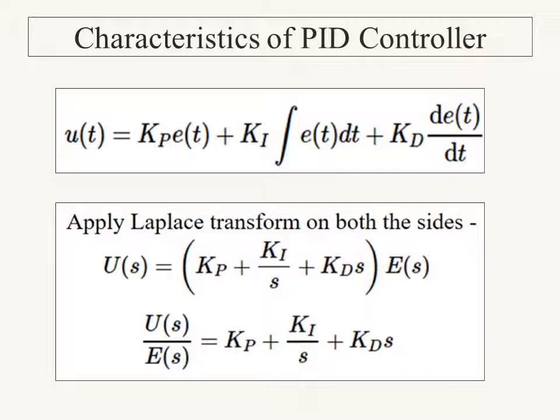This is in the time domain, so dt is replaced with s, that is the complex domain. For conversion from the time domain to the complex domain, we have to apply the Laplace transform. So there will be three parameters, Kp, Ki and Kd.